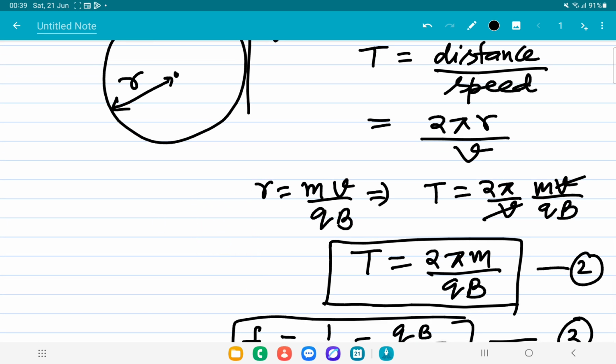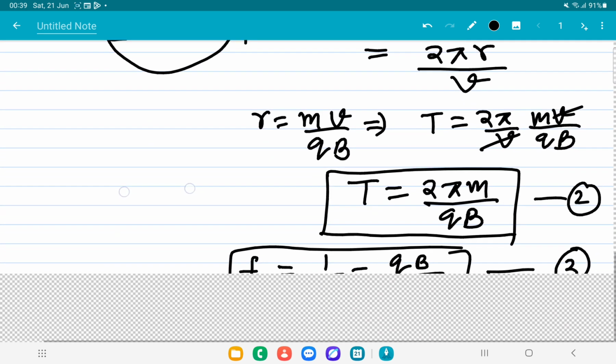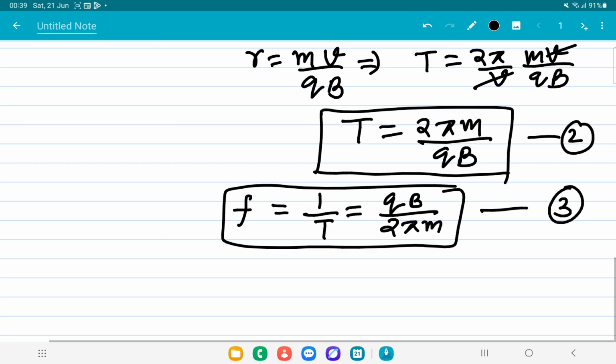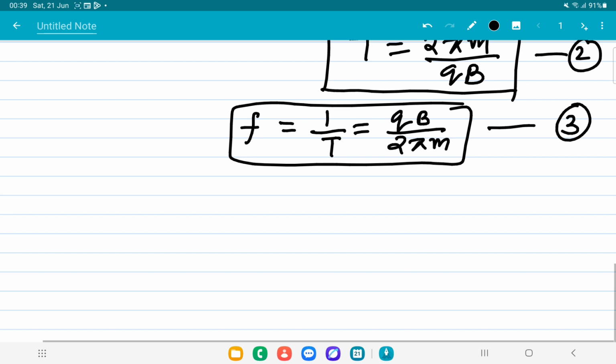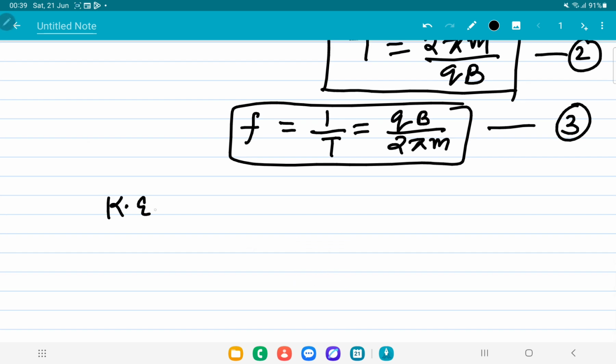Now, if I wish to know the kinetic energy of the charged particle during its motion in terms of the parameters which are known to us, for example radius, magnetic field, mass, etc., then we can say that kinetic energy of any moving particle is in general given by half mv square.